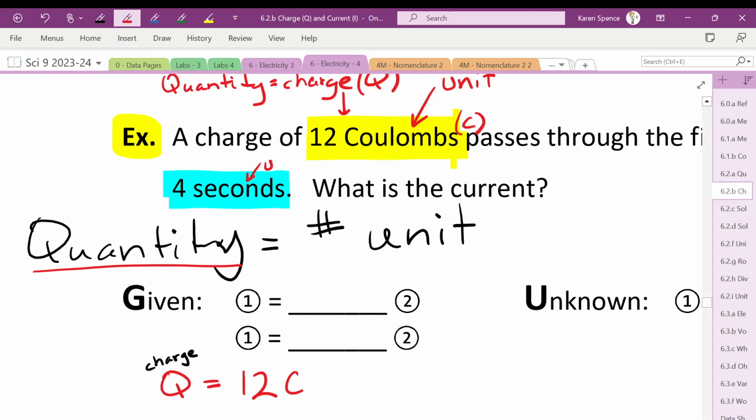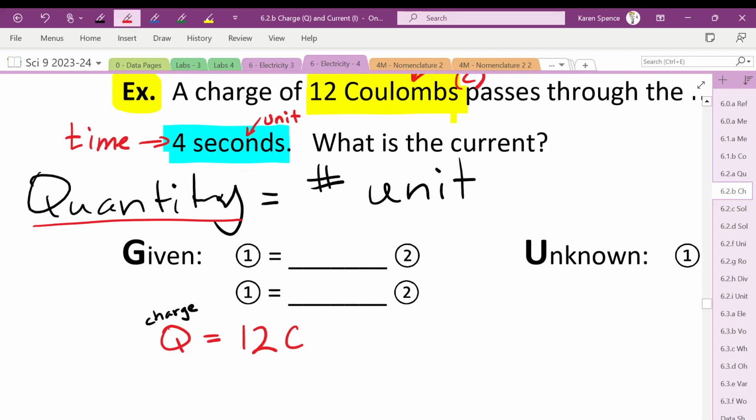It is a unit. What is the quantity? Time. So we're going to write our quantity, which in this case is time, but we abbreviate time as lowercase t. So time is equal to 4 seconds.